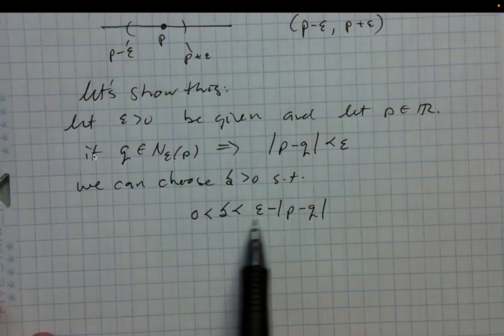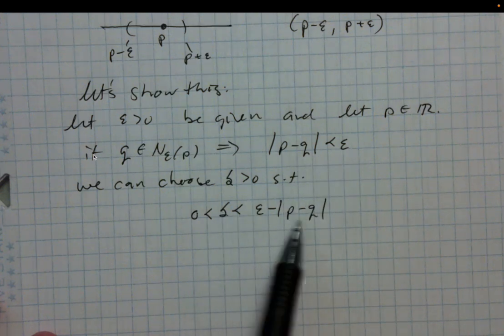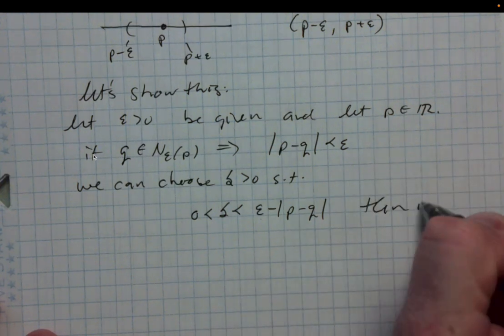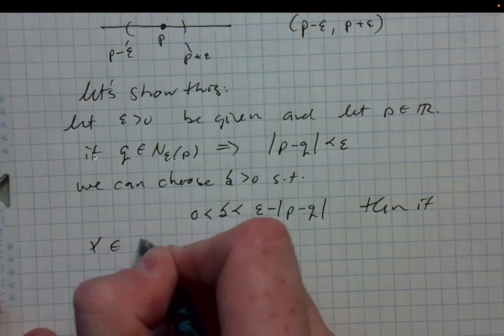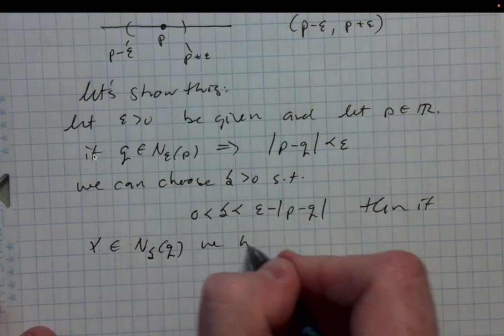So specifically, we could choose delta such that it's less than epsilon minus |P minus Q|. Okay, so then if x is in the delta neighborhood of Q, we have what?